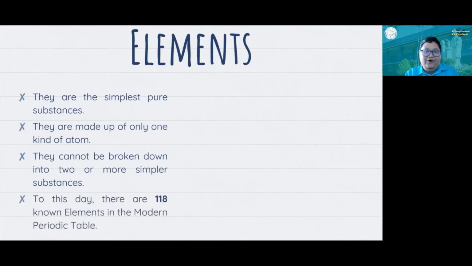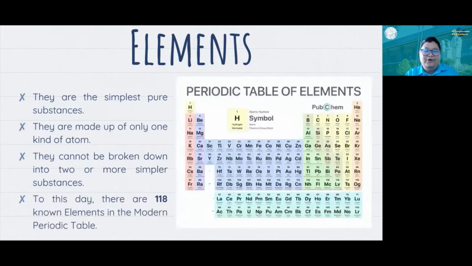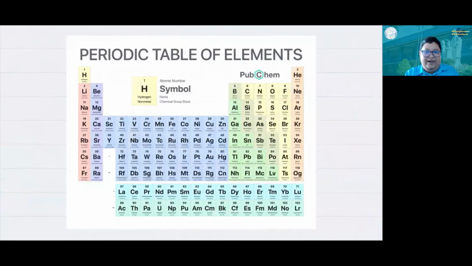And if you want to know how many elements there are, there are about 118 known elements in the modern periodic table. So the periodic table of elements will tell us the different properties of each element that can be found around us. Now, let's talk about the periodic table of elements.